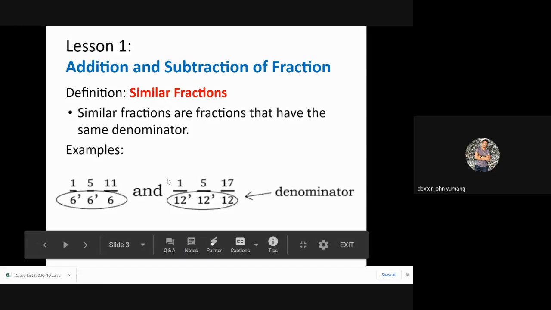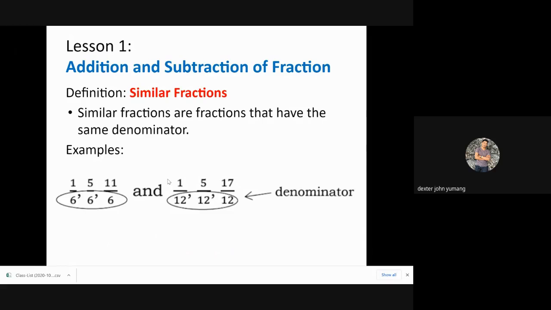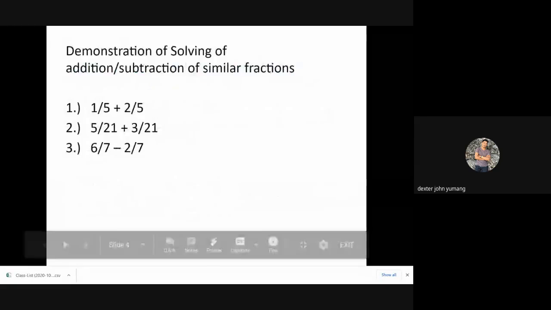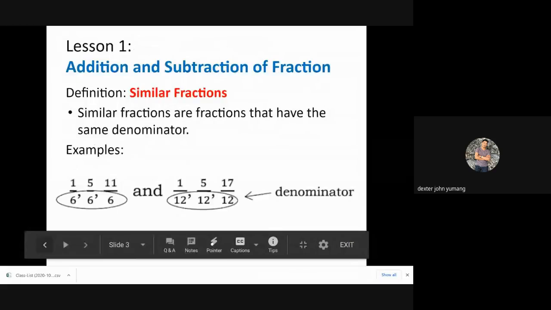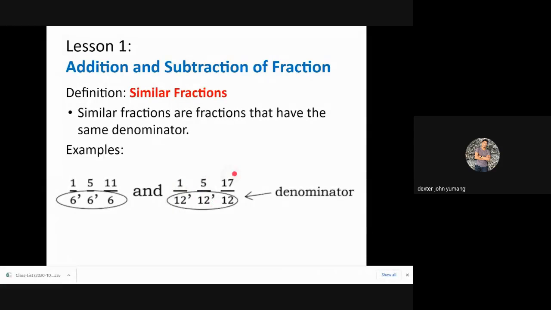That is what you call a similar fraction. The second example is 1/12, 5/12, 17/12. All of the denominators there are the same, 12, 12, and 12. And that is what you call a similar fraction.